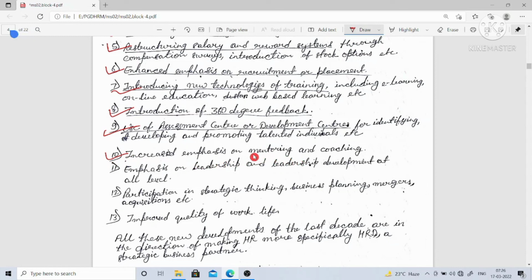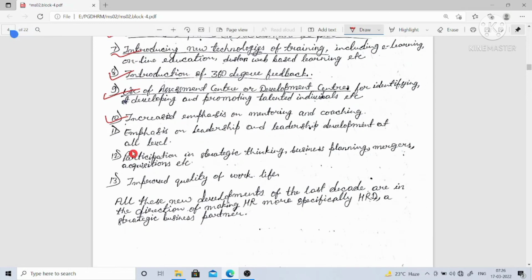So now they are not instructing, they are mentoring and coaching individuals working in the organization. 11th, emphasis on leadership and leadership development at all levels. So human resource departments are giving more emphasis on leadership and leadership development at all levels of the organization, so that the organization can become more effective.